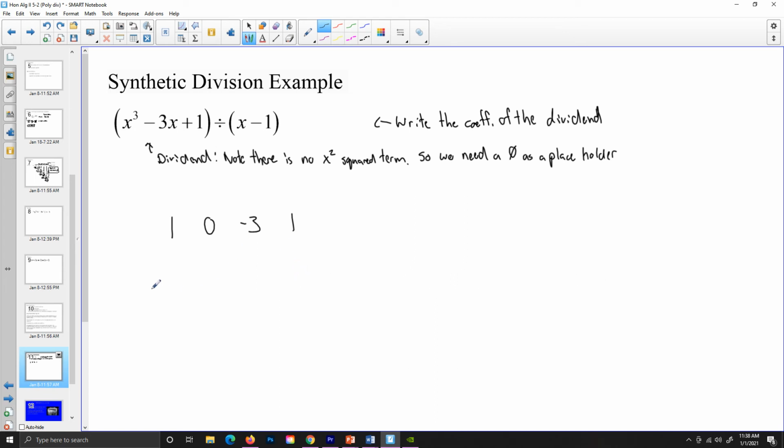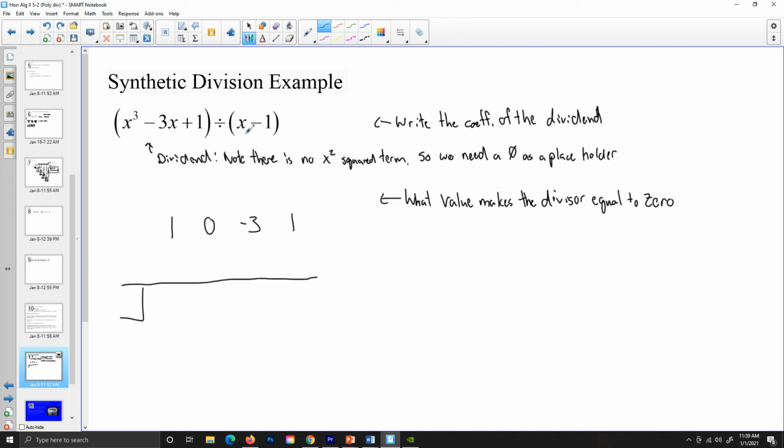The next thing that we're going to do is draw a line, and ask what value makes the divisor equal to 0?